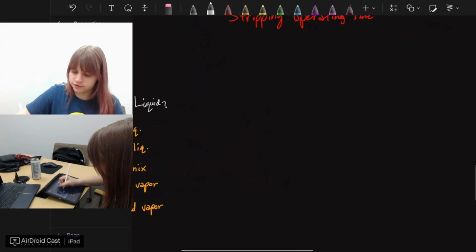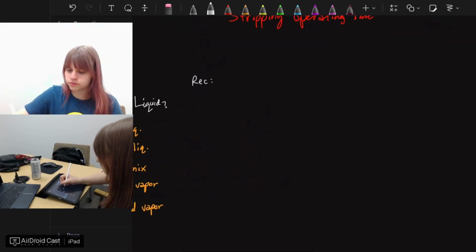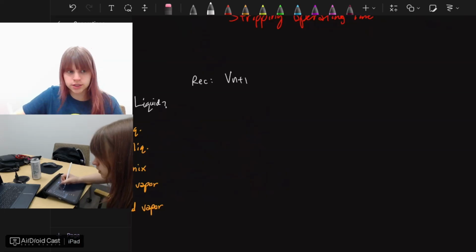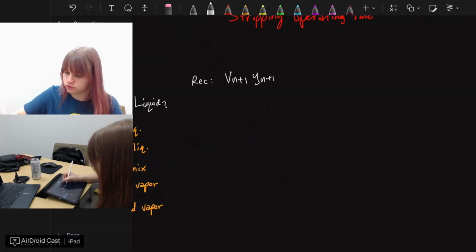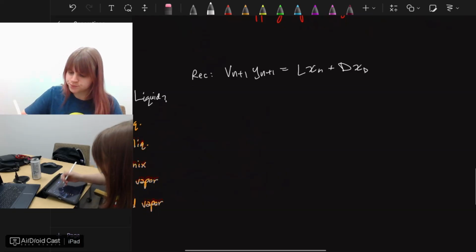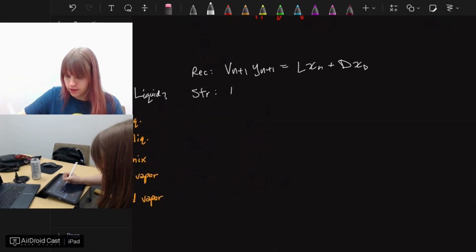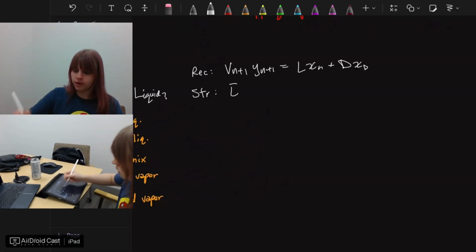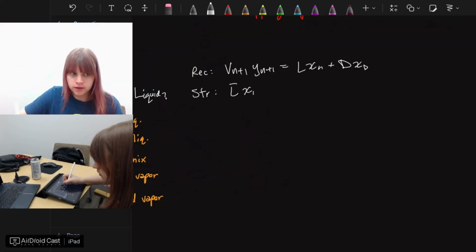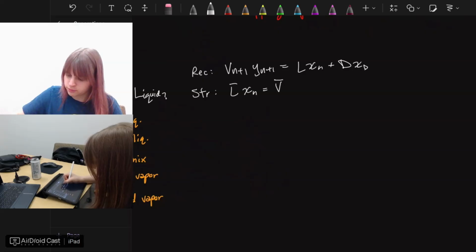And from the rectifying section, we said Vn+1 times Yn+1 is equal to Lxn plus DxD. And the stripping section, we had, remember we're using the bar here, L̄xn is equal to V̄yn+1 plus BxB.